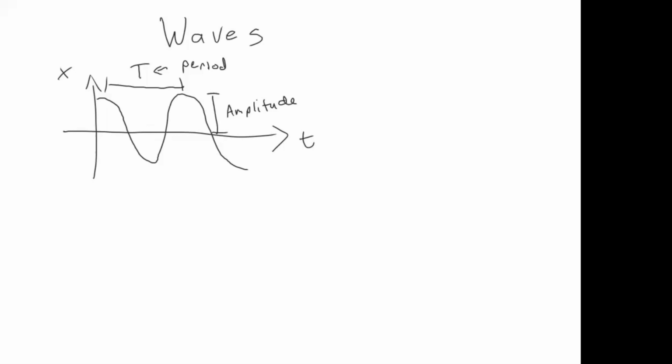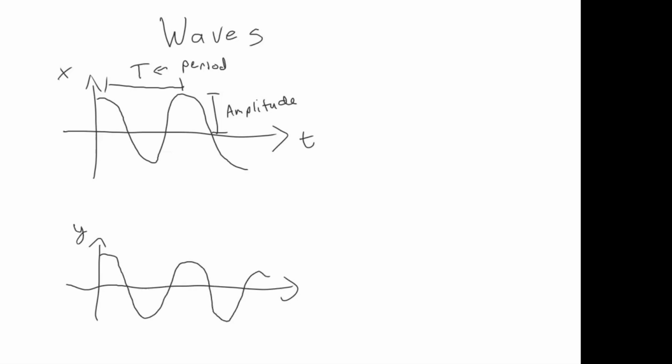And now another graph we could make with waves that might look the same. And the difference is what we plot on the different axes. So this could be just a regular X versus Y coordinate system. And then your wave is propagating like this in the X direction. So this is the direction of propagation.